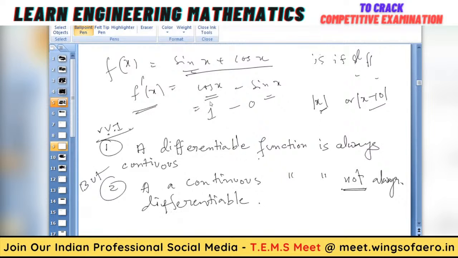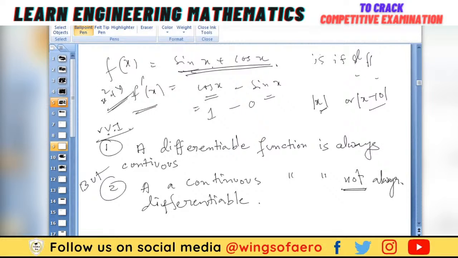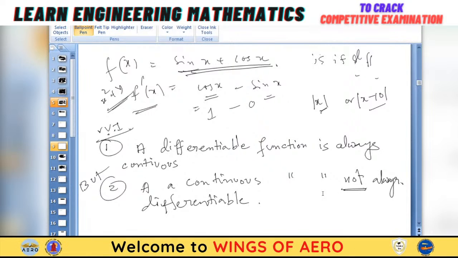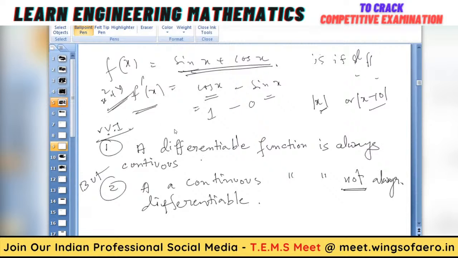But if a function is differentiable, like sin x plus cos x, a trigonometric function, or any polynomial function like x square plus x, these kinds of functions are always differentiable. If it is differentiable, you can close your eyes and say yes, this function is always continuous. So differentiability implies continuity, but continuity doesn't always imply differentiability.